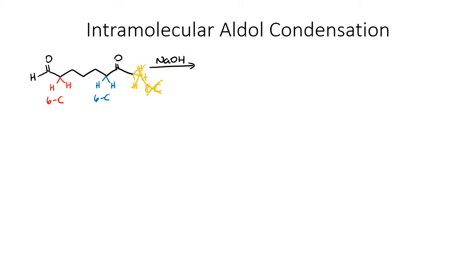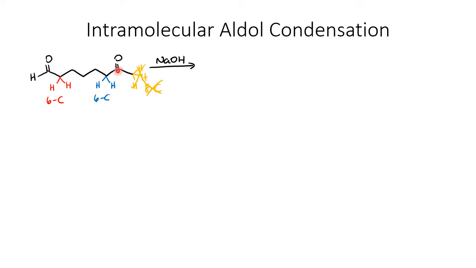So now let's consider what will happen if we were to choose the red hydrogens versus the blue hydrogens. Now we know that they would both form 6-membered rings. So the next thing to consider is what type of functional group the enolate is attacking. If we were to remove the blue hydrogens and form the enolate here, those would come over and attack an aldehyde. The red would attack a ketone.